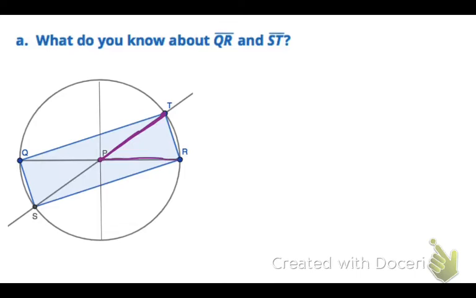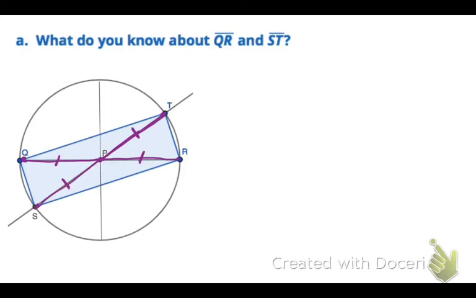P to R is also a radius. P to S and P to Q are all radii of the same circle, the same size, which is how I know that when they intersected, they bisected, because PT is congruent to PS, and PR is congruent to PQ. In fact, all of these ended up being congruent to each other.